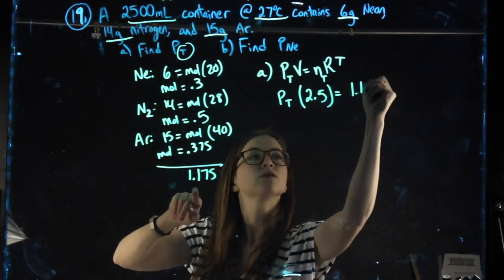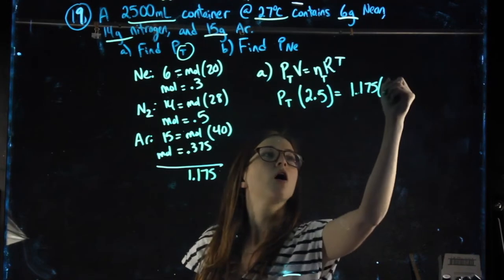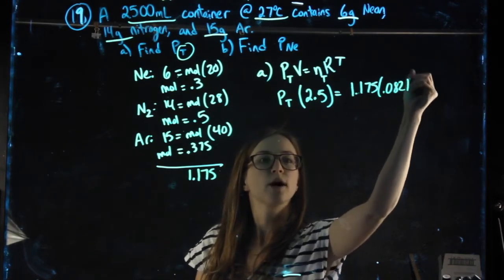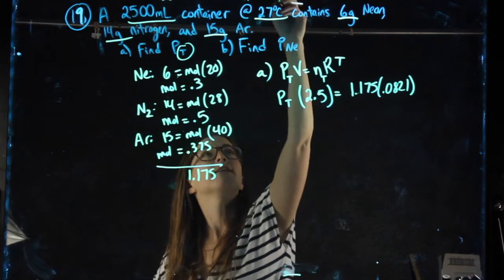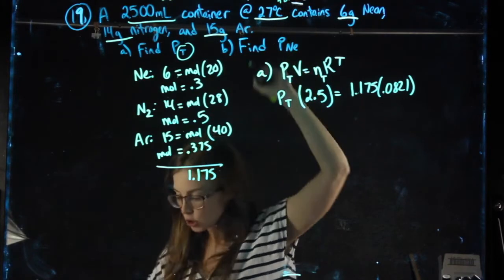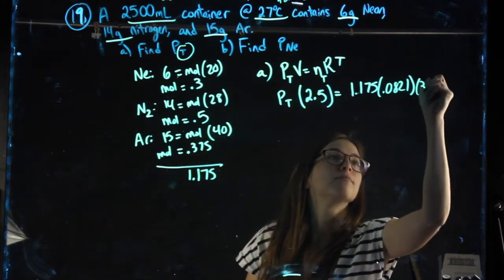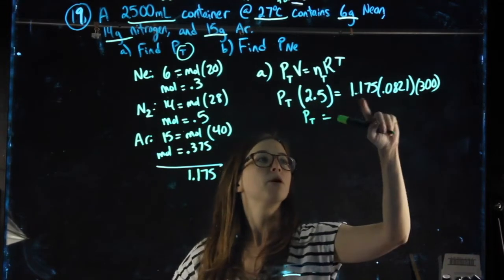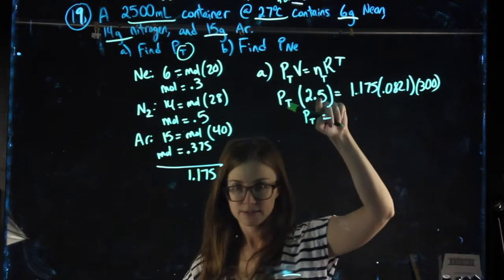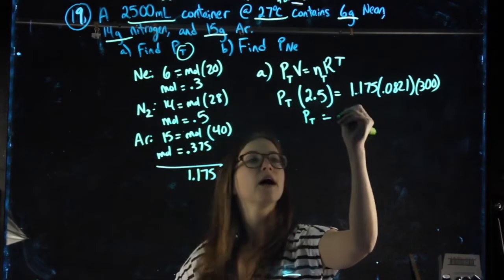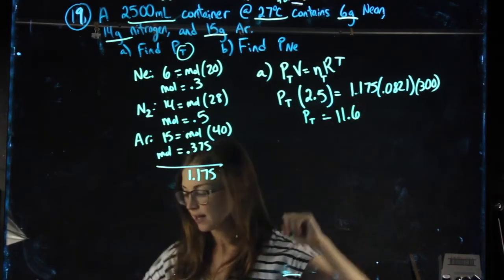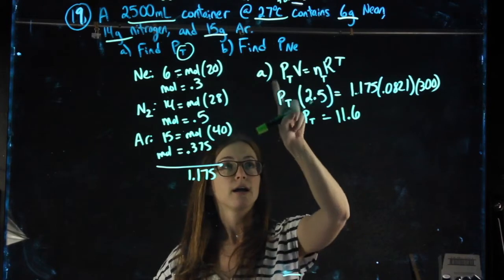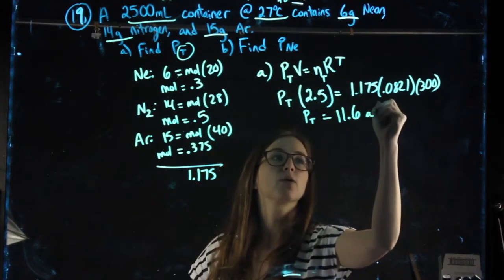My total moles, R is always 0.0821, and temperature I need to add 273 to put it in Kelvin. Multiply all of these together, divide by the 2.5, and I end up with a total pressure of 11.6. In this formula, pressure is always in ATM.